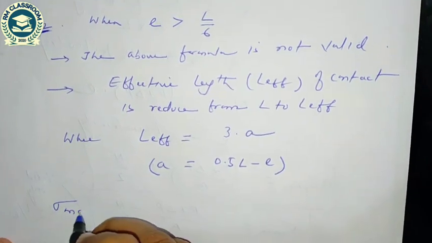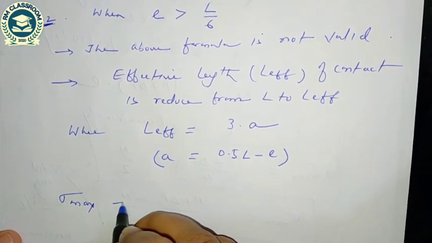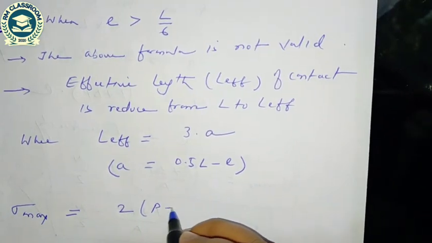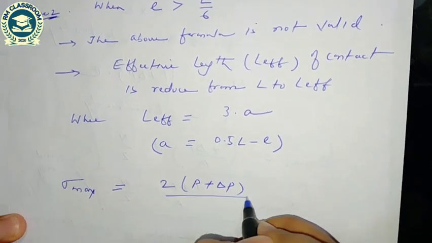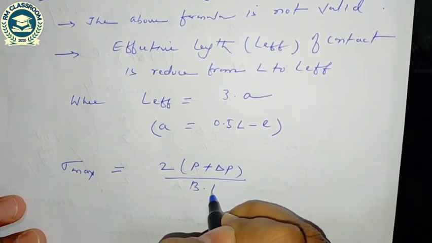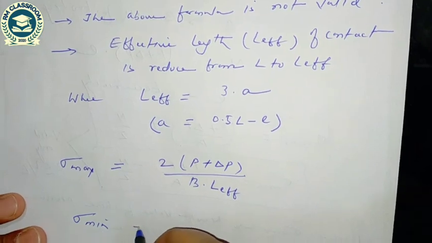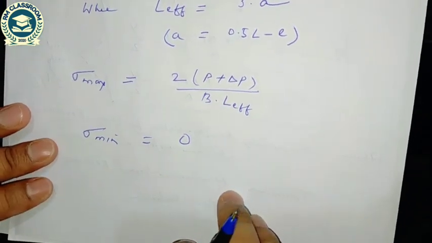The maximum value of base pressure at one extreme is 2 times P plus delta P divided by B into L effective, and the minimum base pressure is equal to 0.